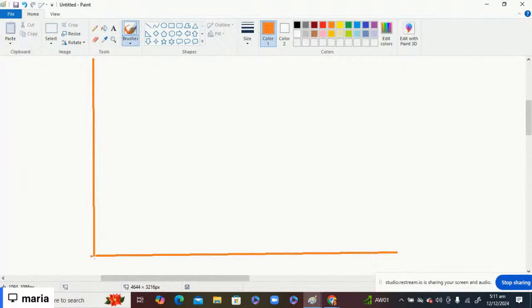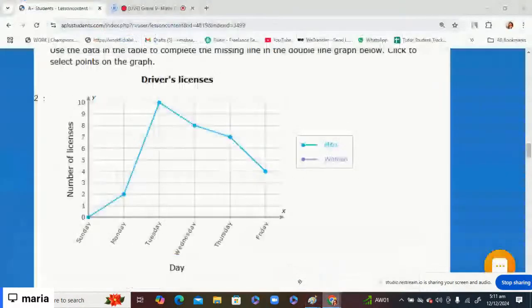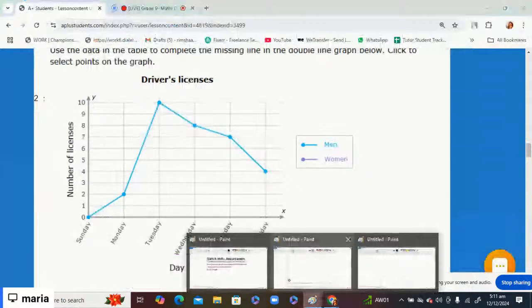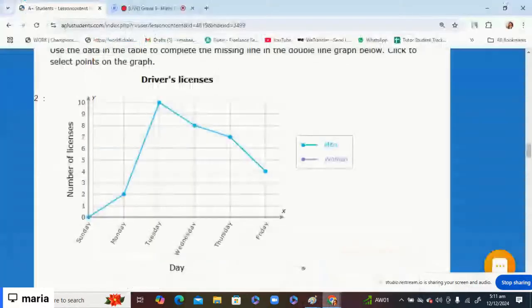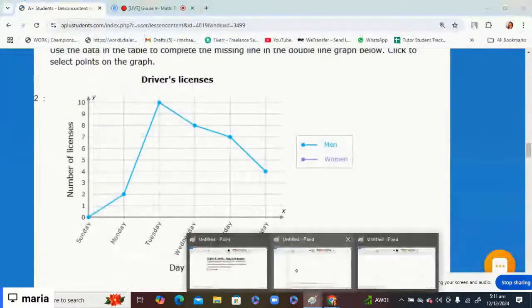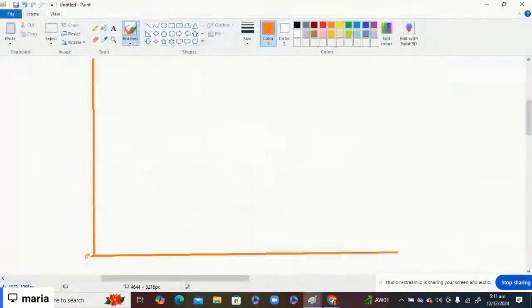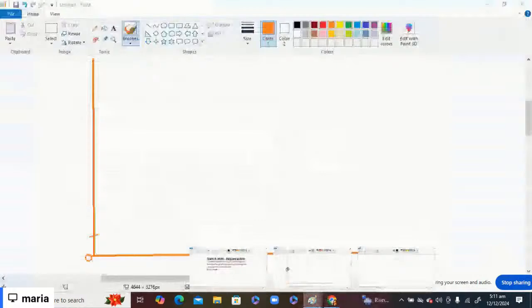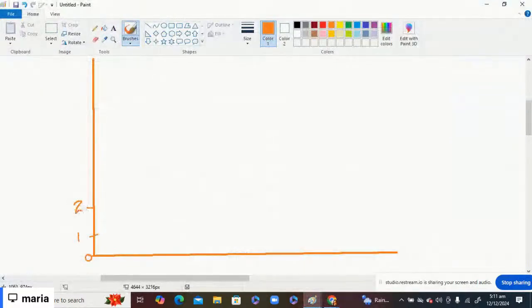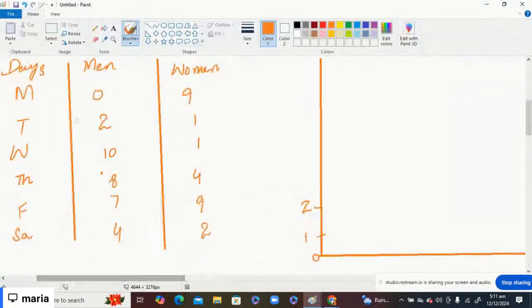So now, when you are going to draw the data from this, let's take a difference of 1 up to 10. 1, 2. Because it's 10, these are the number of licenses.